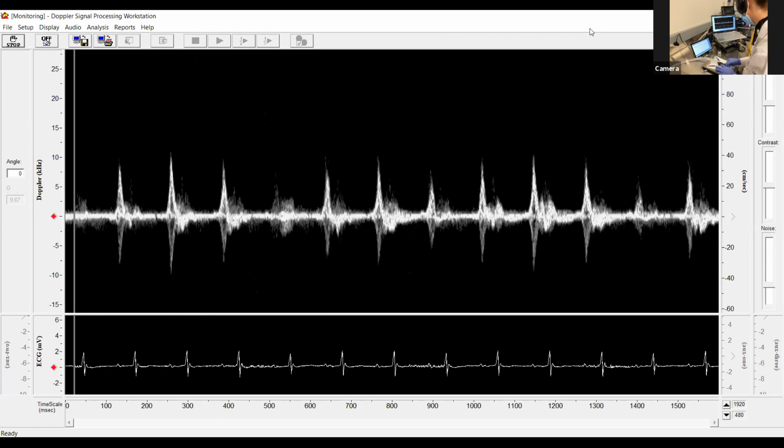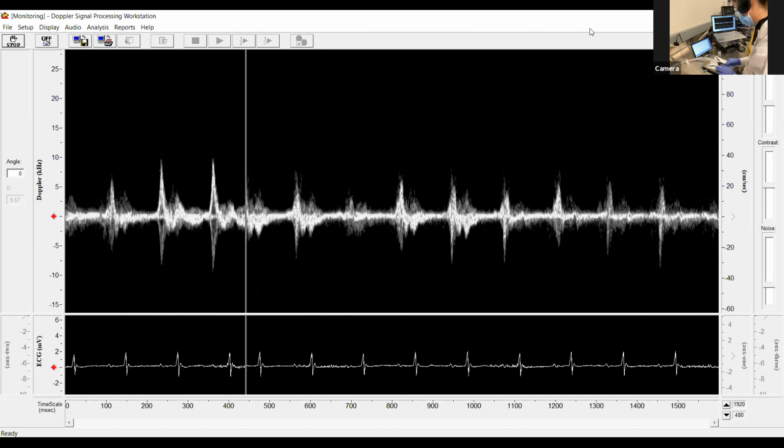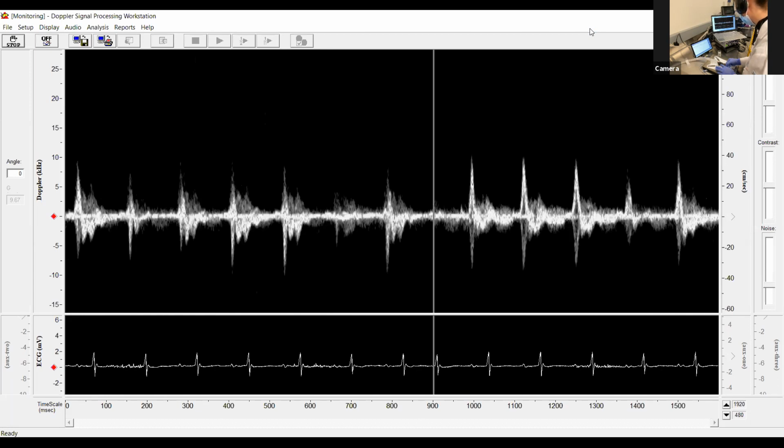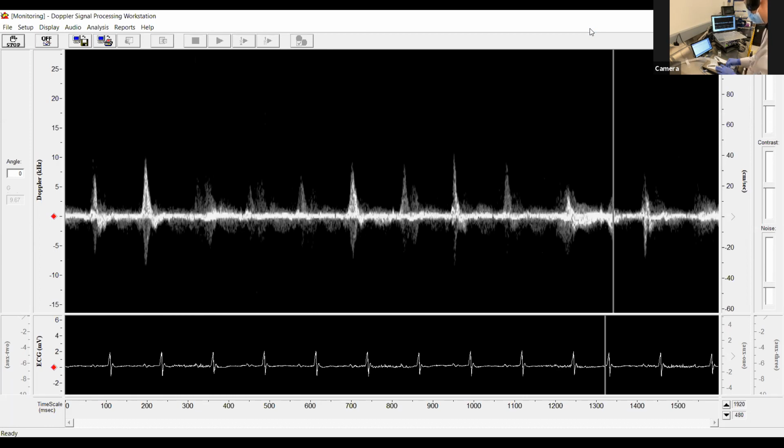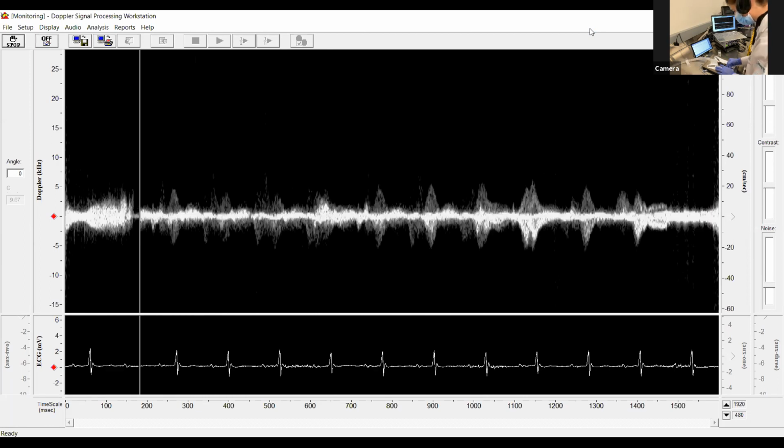Okay, so now we're getting a stronger signal coming through. And again, each mouse and each strain and the size is going to depend on the depth of penetration.